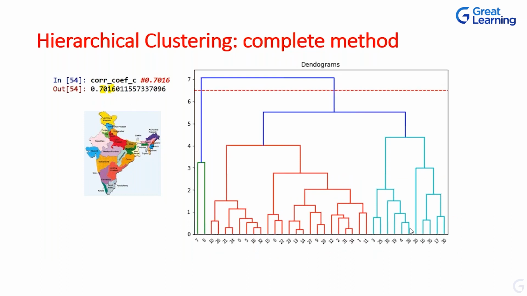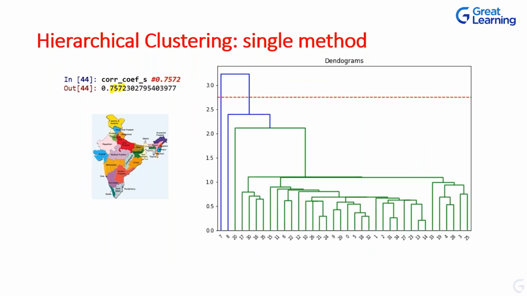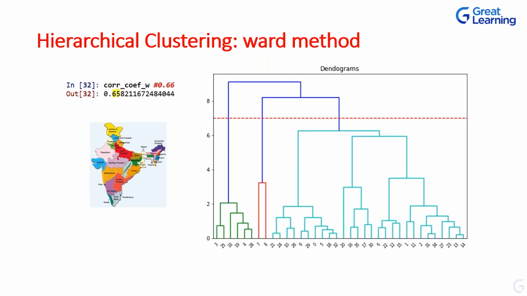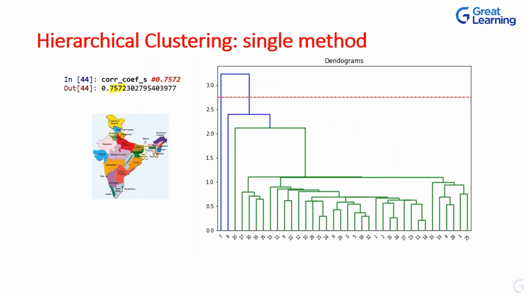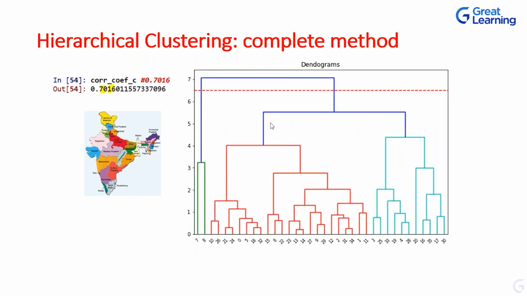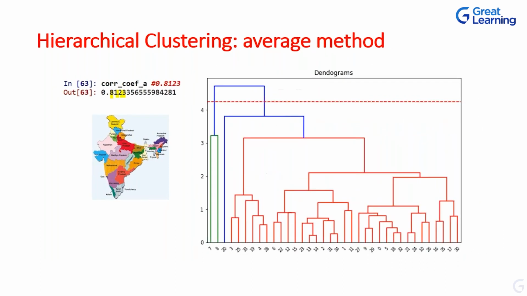This looks nice, almost closer to our K-means, and this is not good. This is good, but cophenetic correlation is not that good. We are having better cophenetic correlation here. So we will go with this, and average method is also having good cophenetic correlation, but a better combination.